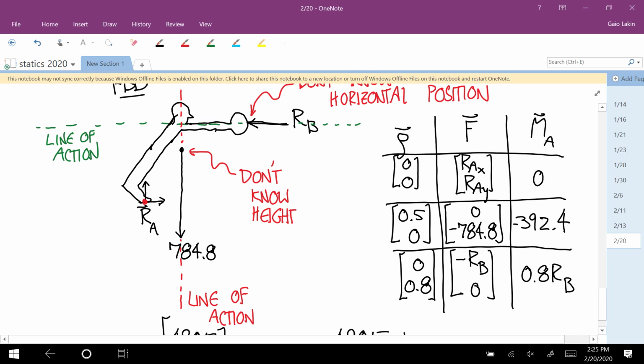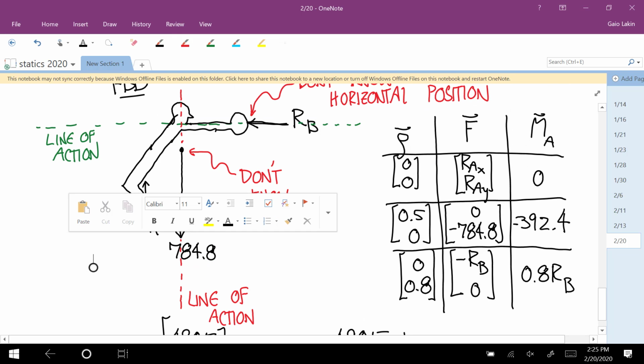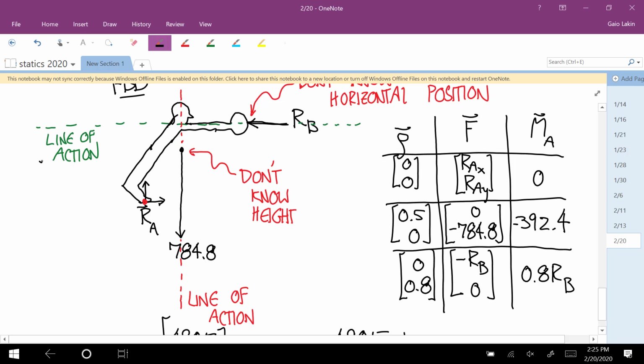And mathematically, let me show you why this works. What if the approach we took was to give variable names to the things that we don't know? For the row vector for the weight force, we had 0.5 for x, and we just called this some unknown a.